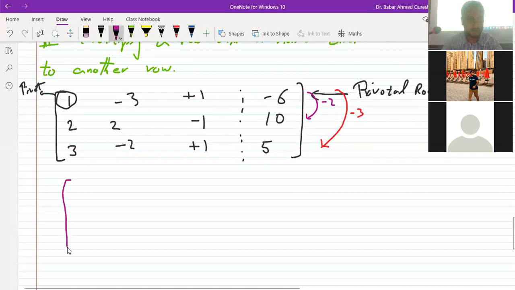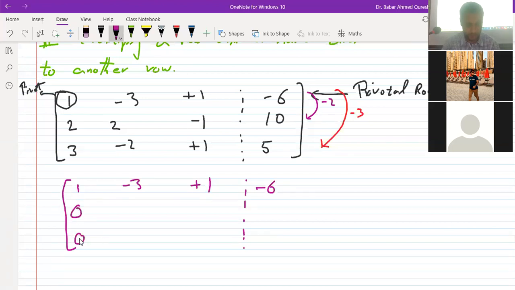You get, nothing happens to this. Over here, I know by construction, I'm going to get zeros. Multiplied by -2, you get a 6. 6 plus 2, 8. You get -3 here. Over here, you get 22. You can check.